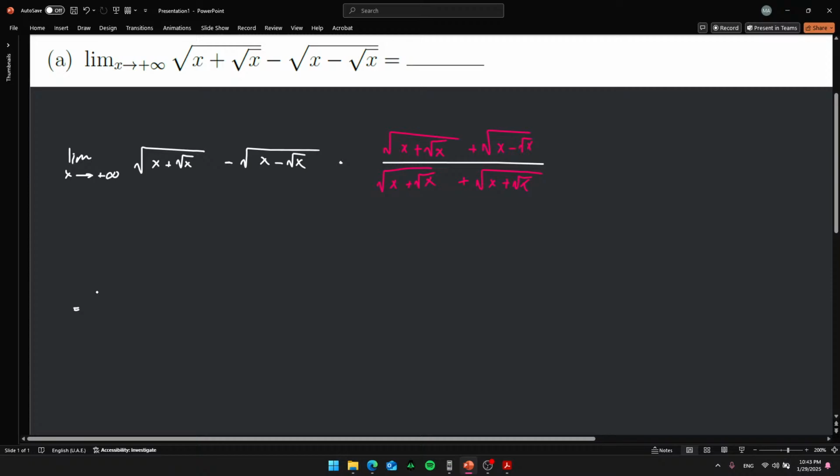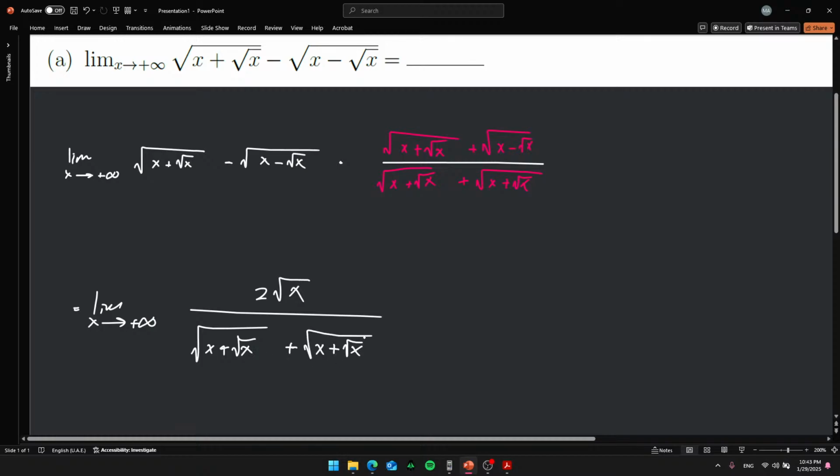Limit as x approaches positive infinity of 2 radical x over root of (x plus root x) plus root of (x minus root x). Now if you think about it, root x gives positive infinity, and infinity plus infinity, you also get infinity.